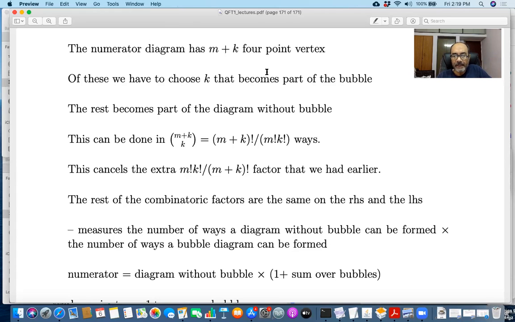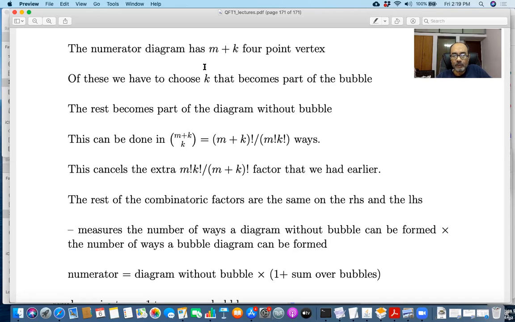Now, given this m plus k 4-point vertices, some of these form part of the bubble, some form part of the diagram without bubble. But that choice is ours, and irrespective of what the choice is, the expression is the same, right? It doesn't matter whether it is the first vertex that becomes part of the bubble, or the second, or the third. As long as k of these become part of the bubble, we have the bubble diagram.